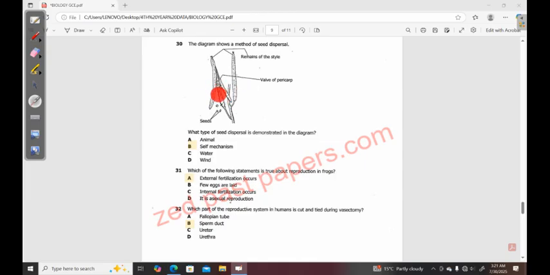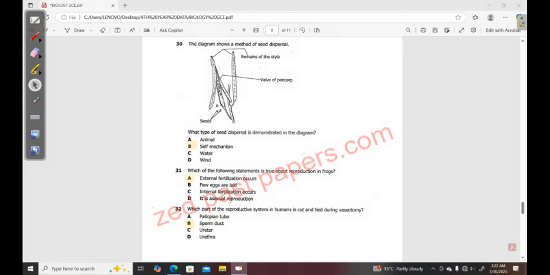For instance, if this is the ground down here, these seeds are just going to fall almost at the same side and they'll start growing. So this is a self-mechanism of seed dispersal. They don't require an animal to take them elsewhere after they excrete, or water, but just where they'll fall off, they'll start to grow into new plants.